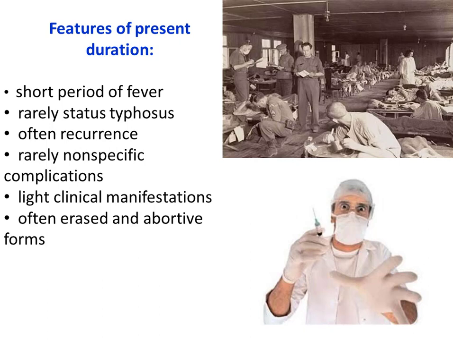Features of the present course of typhoid fever: a short period of fever, rarely status typhosus, often recurrence, rarely non-specific complications, light or mild clinical manifestation, and often erased and abortive forms. Why is it happening now?